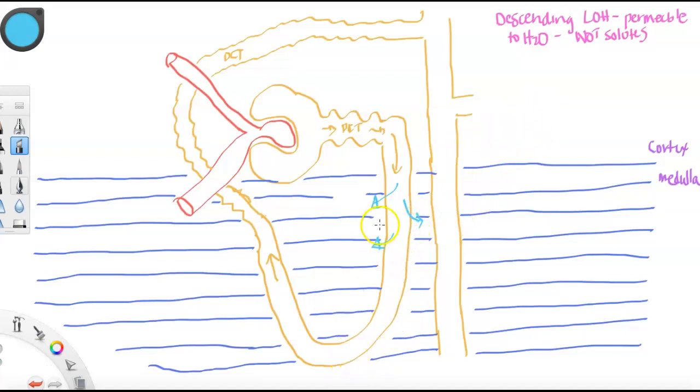After the hairpin turn, the filtrate gets down here, it's losing water, it turns and comes up, and since it hasn't lost any solutes because it's not permeable to solutes, it goes into the ascending loop of Henle. And in the ascending loop of Henle, it is impermeable to water.